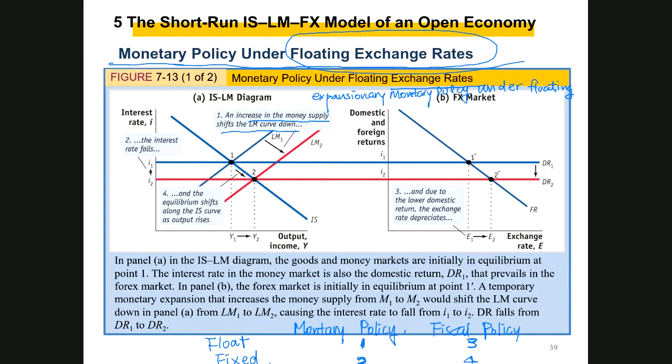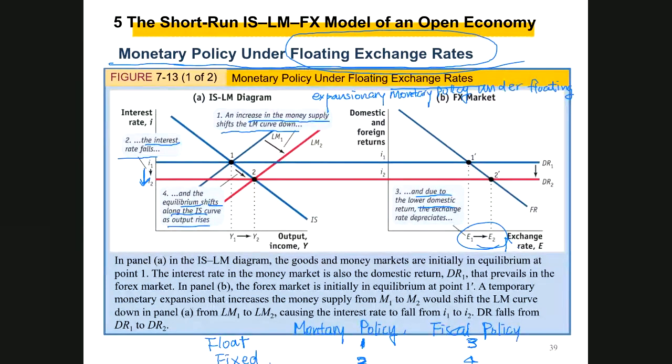So this will cause the interest rate to fall. So as the interest rate falls in the floating exchange rate regime, the exchange rate will increase. Right, and the equilibrium shifts along the IS curve and output rises.